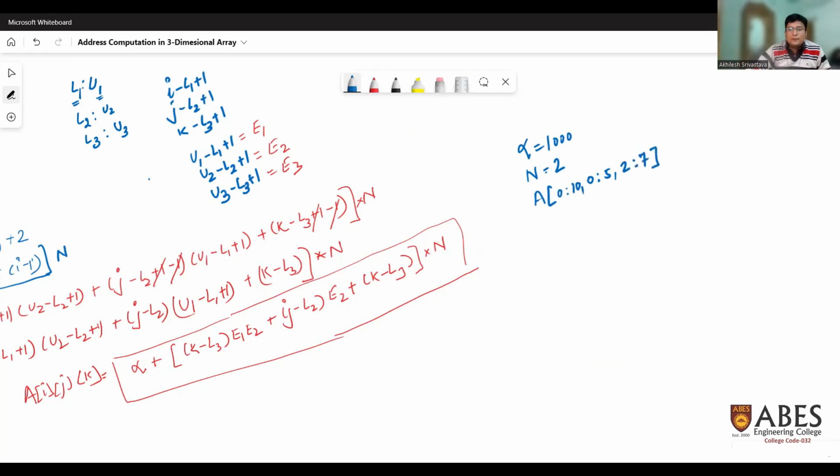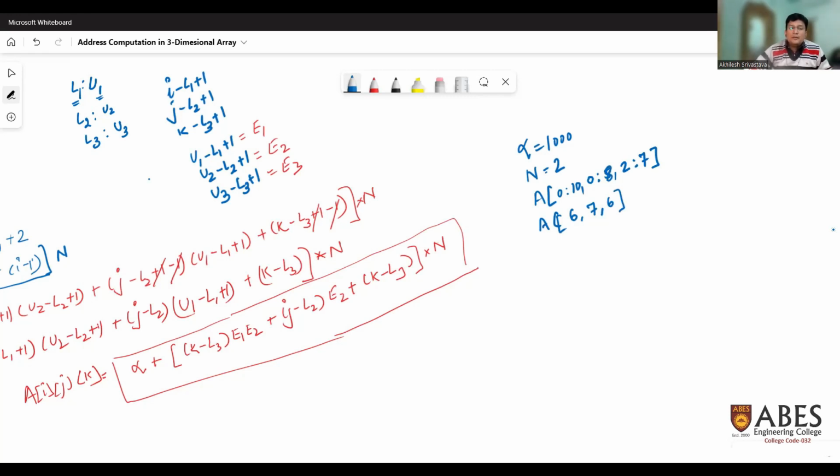You have to find out the address of element A[6][7][6].